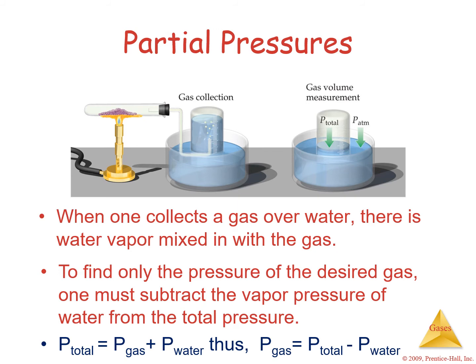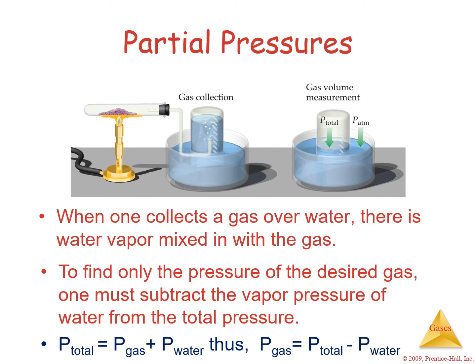If you recall, you collected this hydrogen gas above the water, and because of that, the gas which you collected had two components: water coming from the liquid, and of course the hydrogen gas which was produced by the chemical reaction. So the gas is made of two components, water and hydrogen.